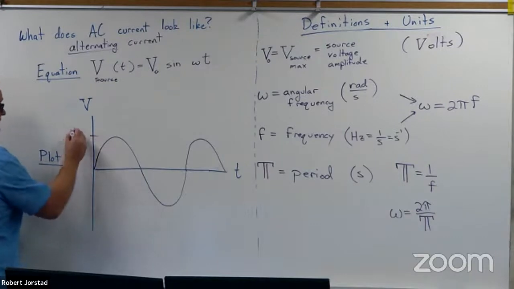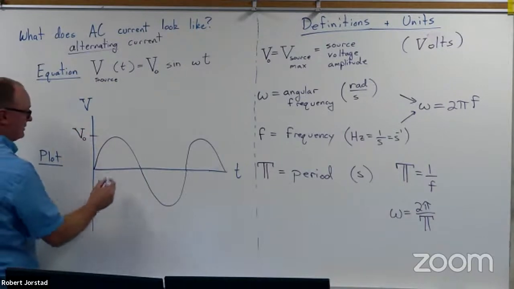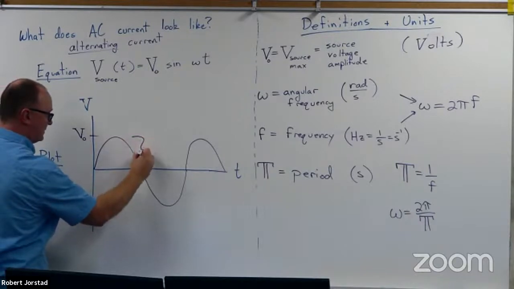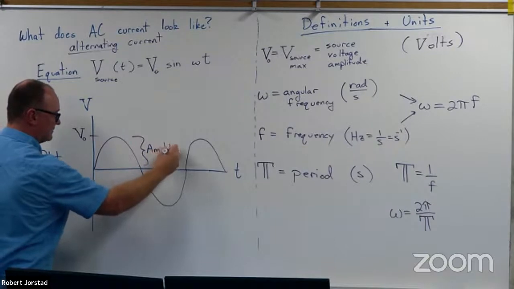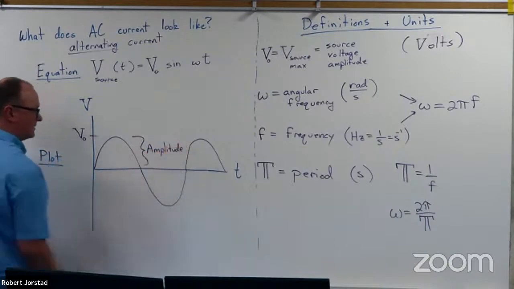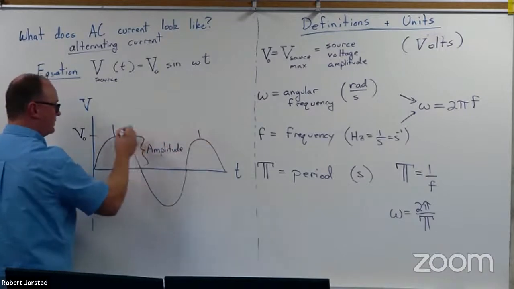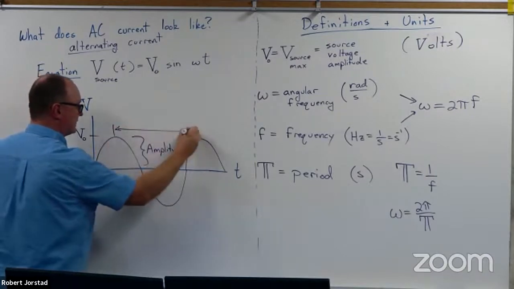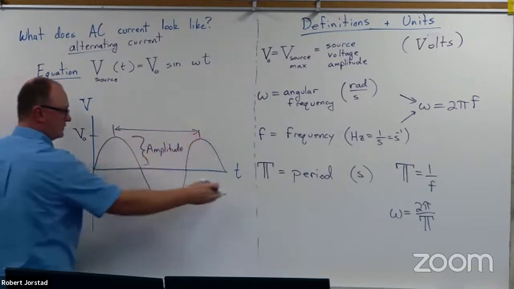This value right here would be V0. It's the amplitude. So notice the amplitude is the size of the crest. Now, period would be the time between crests. It's the time from crest to crest or trough to trough.